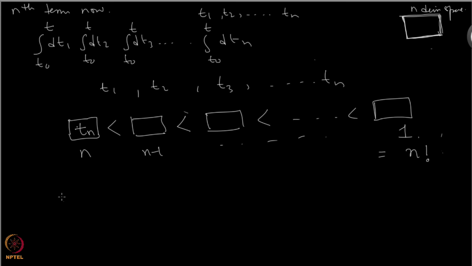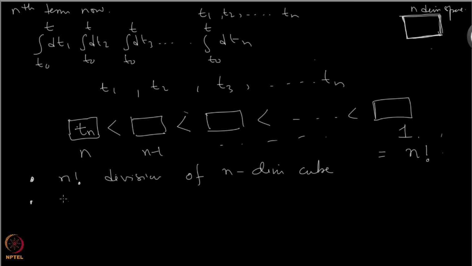Okay, so we see that we have n factorial such choices or such spaces. So let me write it down. So we have n factorial divisions of the n-dimensional cube in the T space.